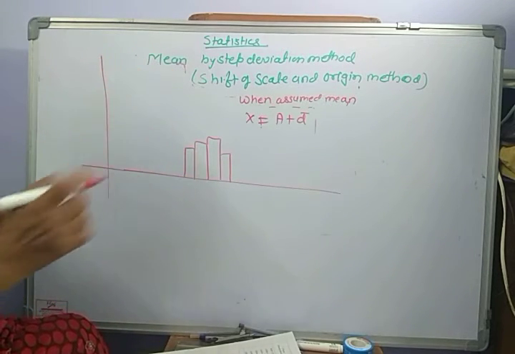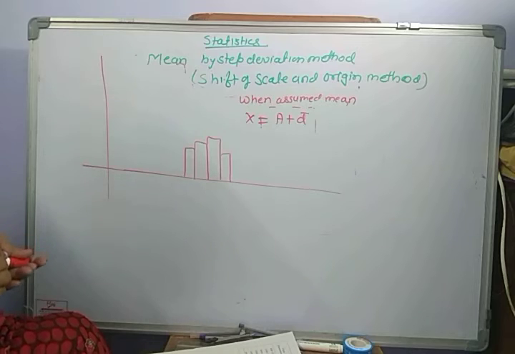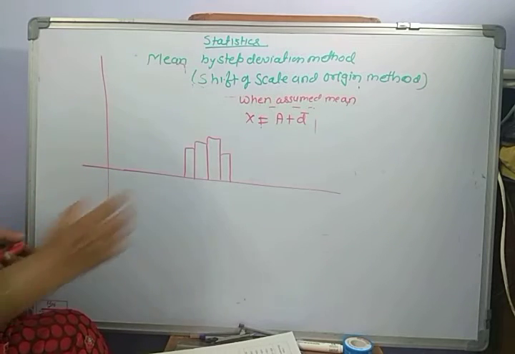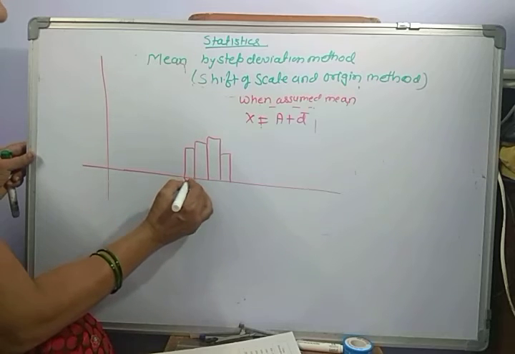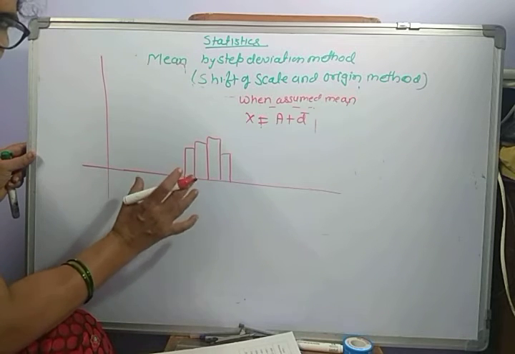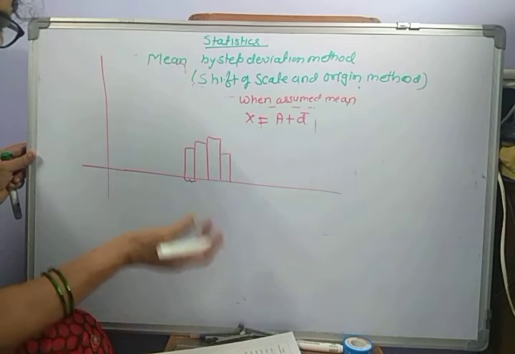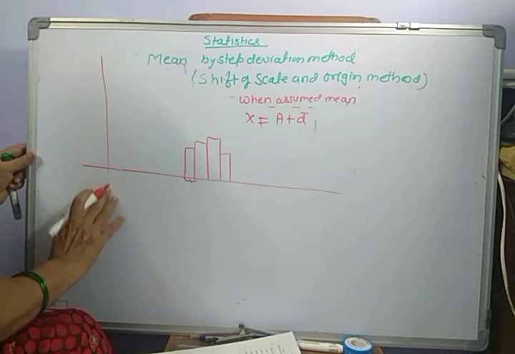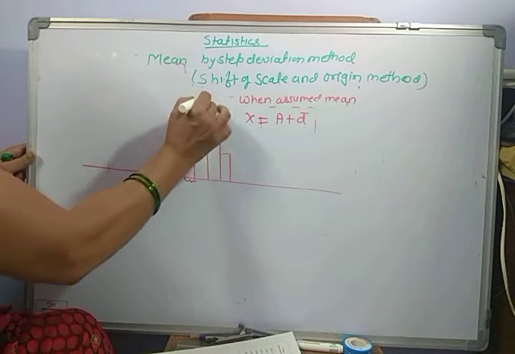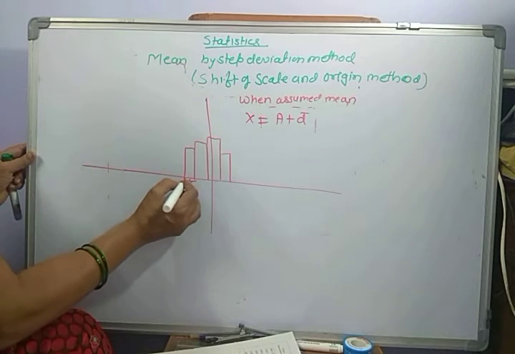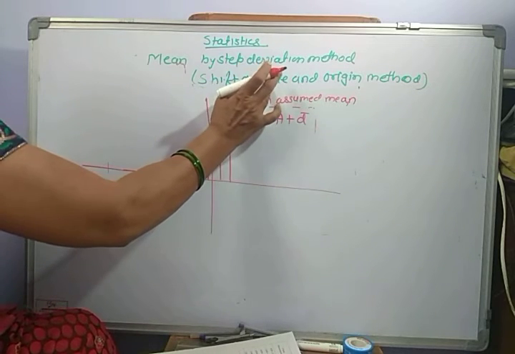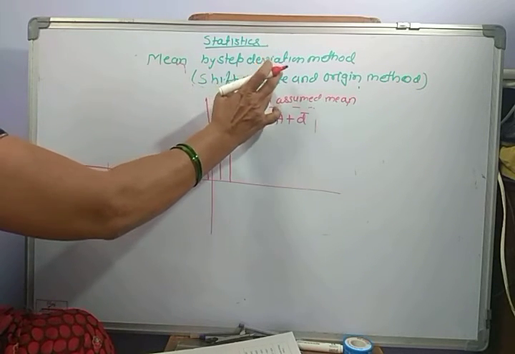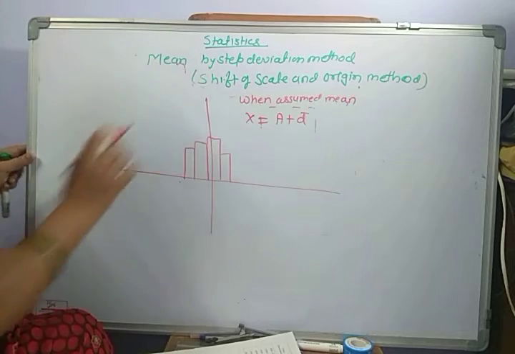Many times you make a small scale for the graphs. Now its mean can be easily calculated, and after that, whatever we have made small scale, we can multiply to get the proper mean. Here this is shifting of origin and this is shrinking of class. That is shift of scale. Scale is shifted and origin is shifted.